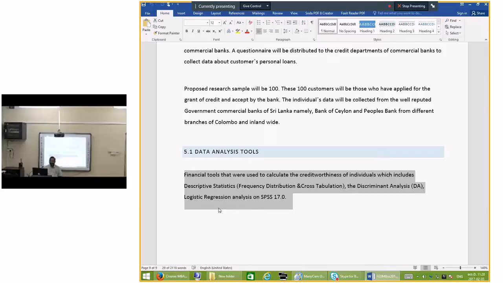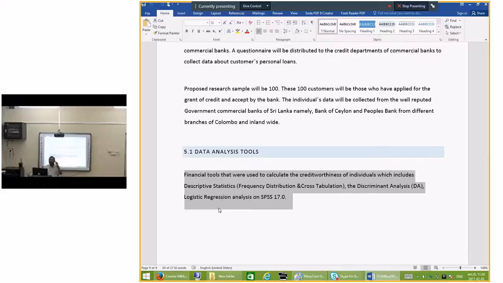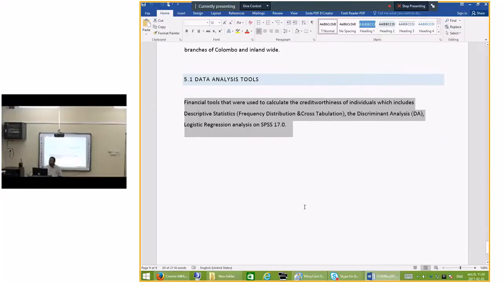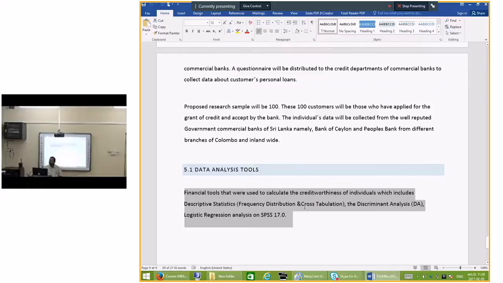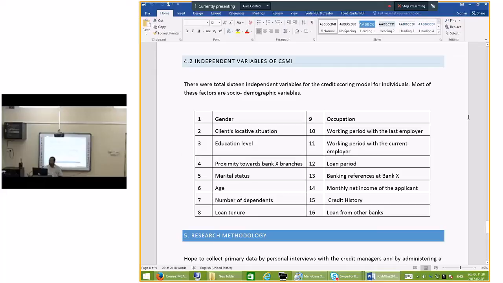That is why you say descriptive statistics. Okay, sir, there are a lot of tools available, like SPSS 17. Therefore, you have to mention exactly which one you use. Go again and find out which one is suitable for your research. Okay, good. Thank you, sir.